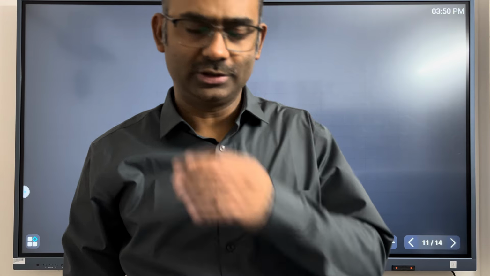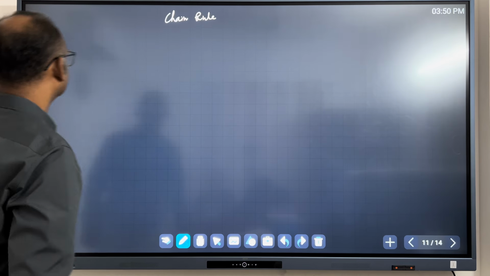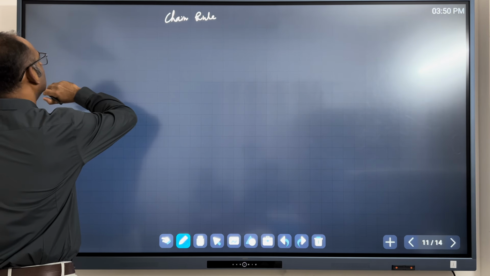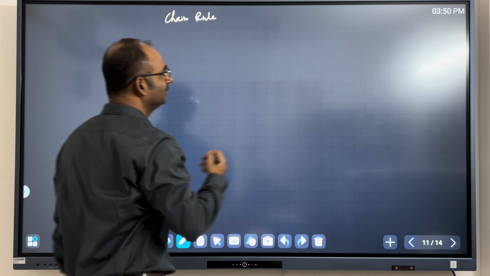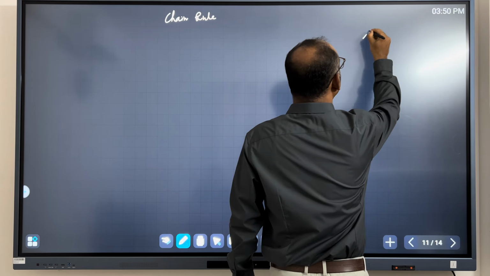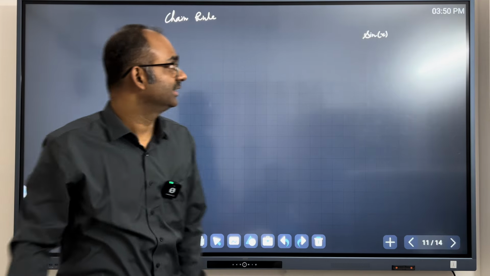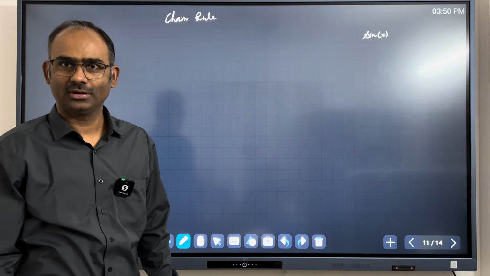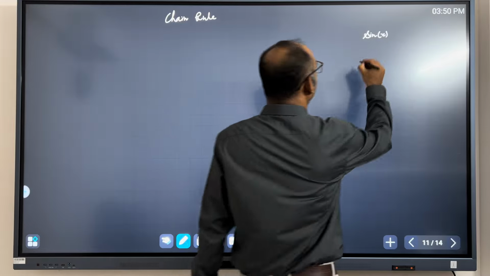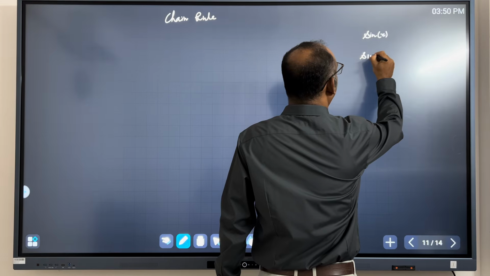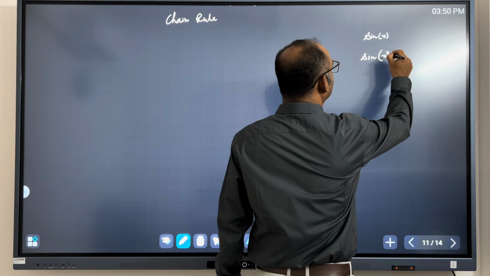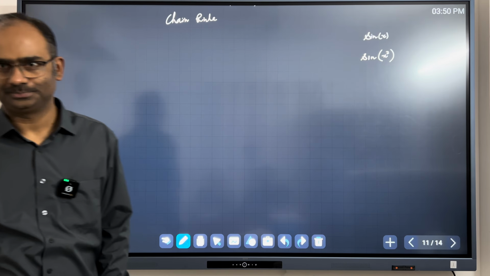Okay, it's not a rule that I have made or someone has made. It's a theorem actually, you can prove it. So theorem is this. Suppose you have, okay, let's look at this. Sine of x, that you want to know how to differentiate. What is that? Cos of x. How do you differentiate sine of x square? That you don't know.